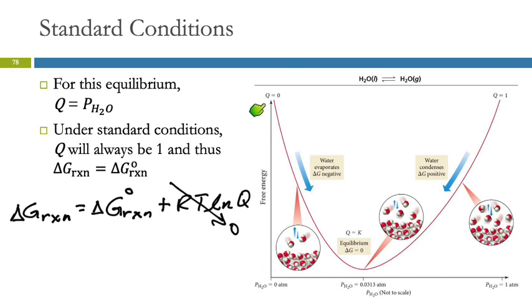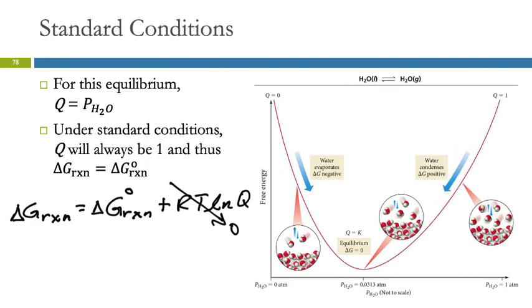So here we have Q being 0, and over here we have Q being 1, where all the atmosphere is water. When Q is 1, we're going to get condensation.